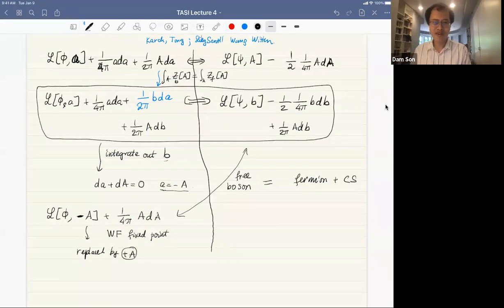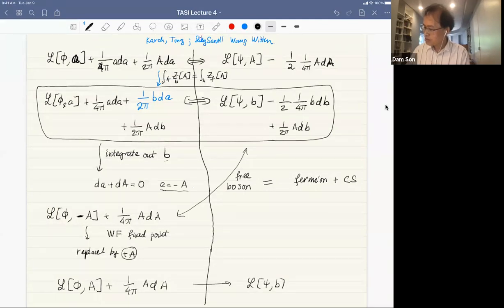That's the form that I'm going to use: L phi A plus 1 over 4 pi AdA maps to just a fermion coupled to a Chern-Simons gauge field plus 1 over 2 pi AdB.